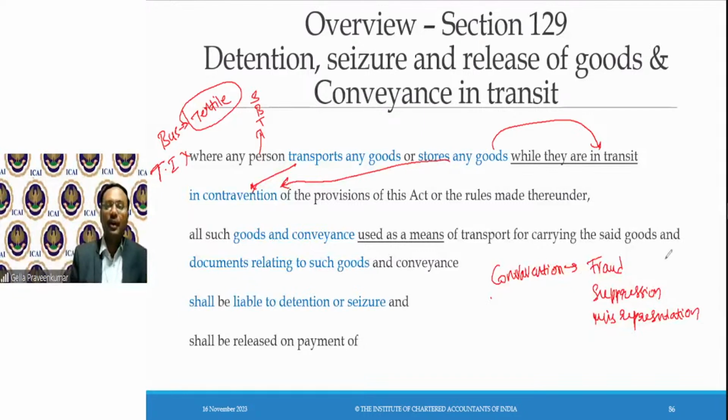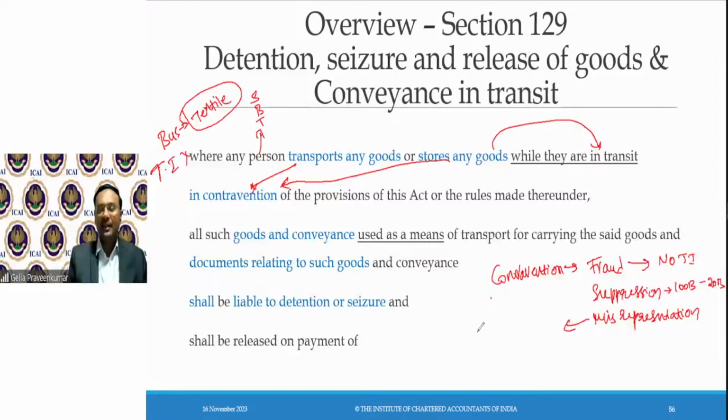Like example, fraud. I have to prepare a tax invoice. There is no tax invoice. Suppression. The bus is carrying 100 bags, but the invoice is there only for 20 bags. I suppress the value. I suppress the quantity. Misrepresentation.